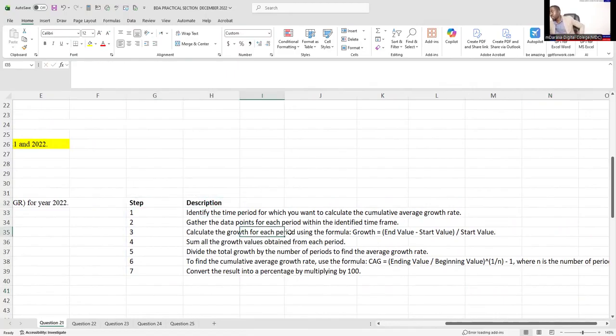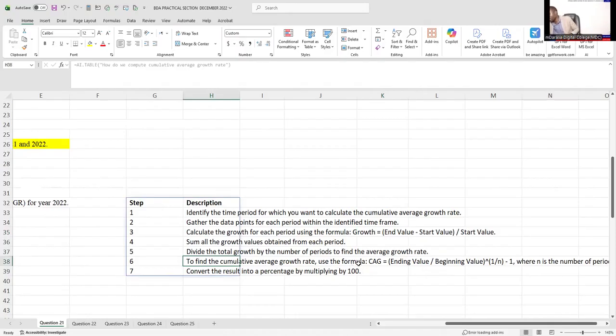So it's telling me how to go about cumulative average growth rate. The first procedure I need to do is to identify the time period for which you want to calculate the cumulative average growth rate. Then we are told to calculate the growth rate for each year using the formula, and sum all, but our focus is to find the cumulative average growth rate.